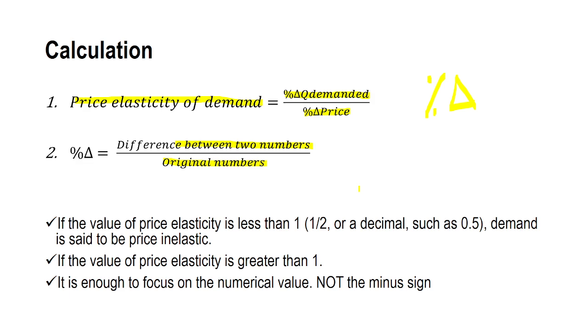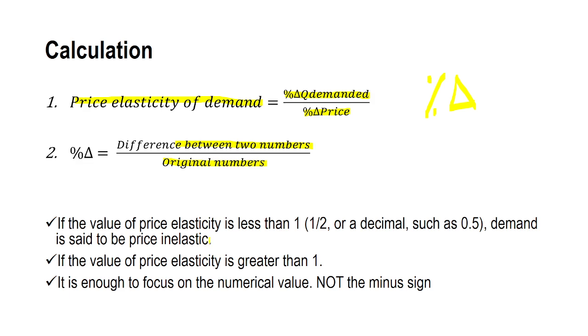But how can we interpret the result of the first formula? If the value of price elasticity is less than 1, for example 1 divided by 2, or half, or 0.5, demand is said to be price inelastic.